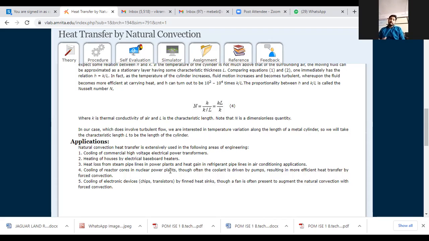When a heat source is losing heat to the surrounding without using any external agency, that heat transfer application will be simulated or analyzed by using the natural convection concept.